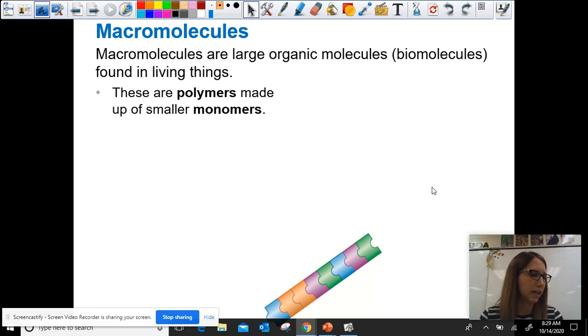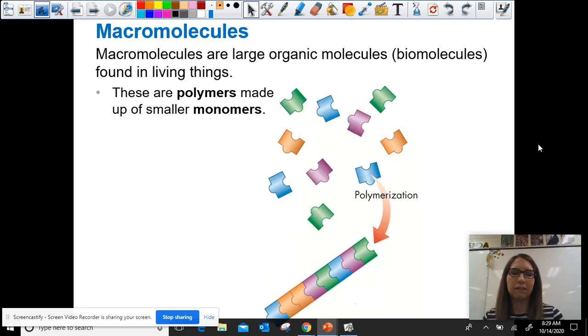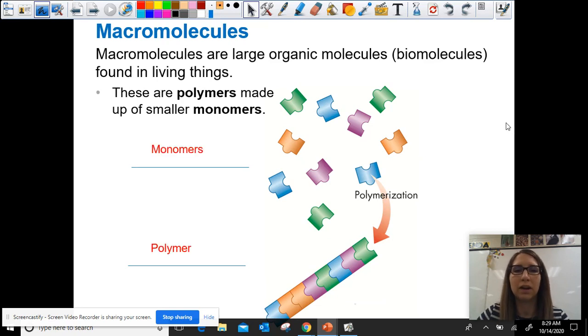So one of the key takeaways for this, we're looking at large molecules that form through a process called polymerization, which is kind of a mouthful, but we use that term to represent the formation of these really big molecules because we're forming what we call a polymer. If you remember our Latin roots, poly means many, and mono is the other term that we're seeing up here now on the screen, which means one or single.